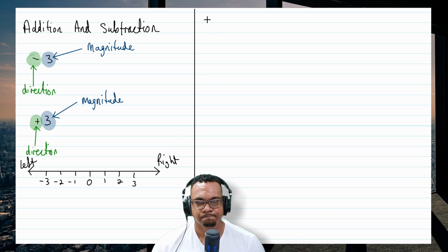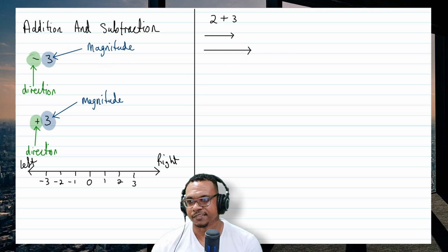So if I have, let's say, 2 plus 3, think of it as 2 going this way and 3 going this way. They are both going in the same direction, to the right.